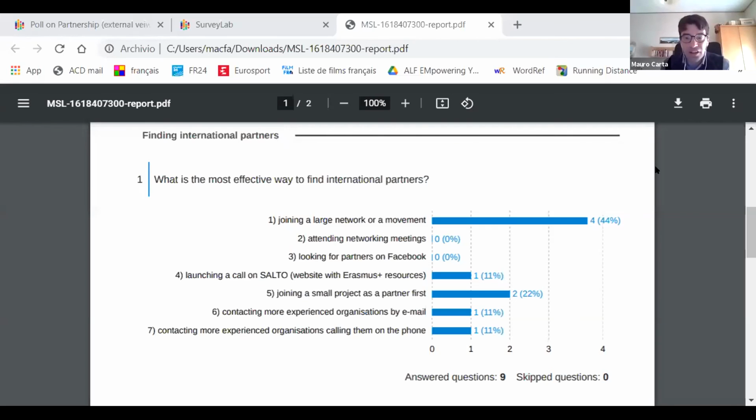Okay, now I've generated it, I will share the screen. So we will see also the result, if there is a correlation. Okay, yes, the same, 44%. Joining a large network or movement is considered the best way.